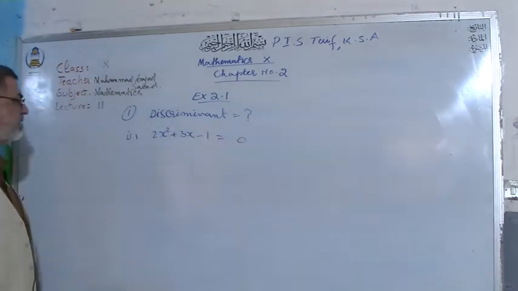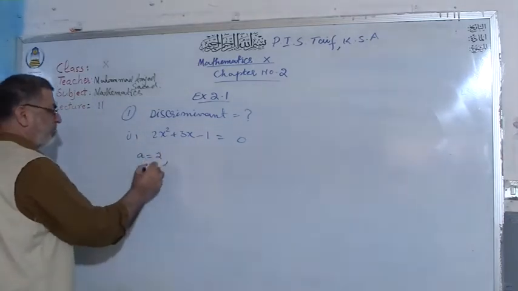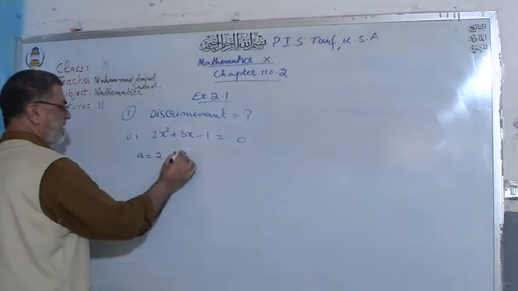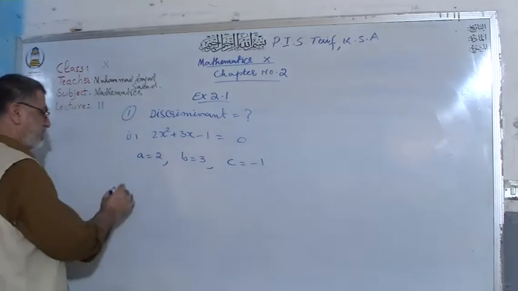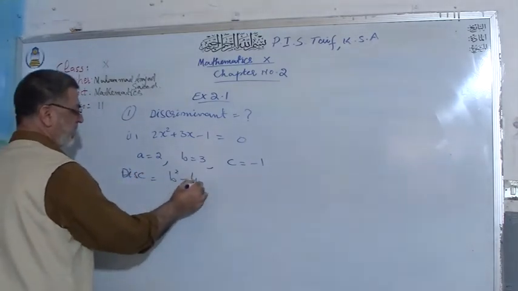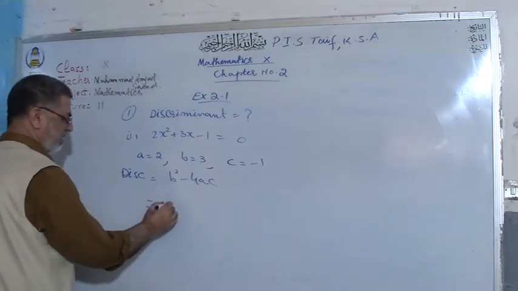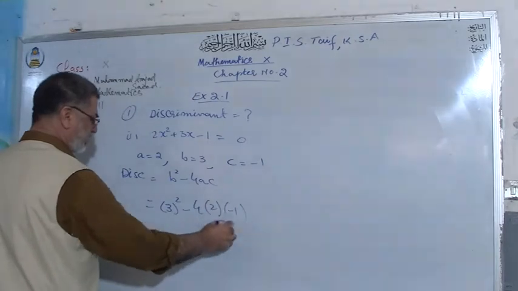Remember that the coefficient of x square is a, always. And coefficient of x is b, and constant is c. You know, what about disc? Disc is equal to b square minus 4ac. 3 square minus 4 into 2 into minus 1.